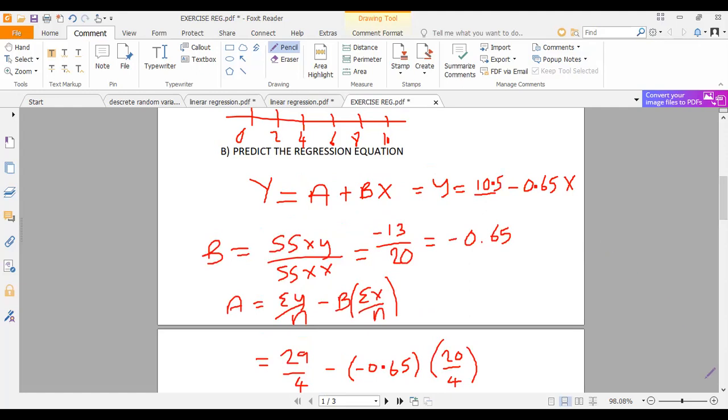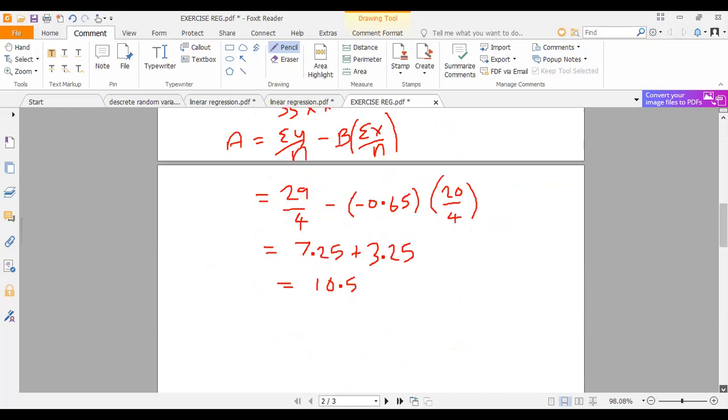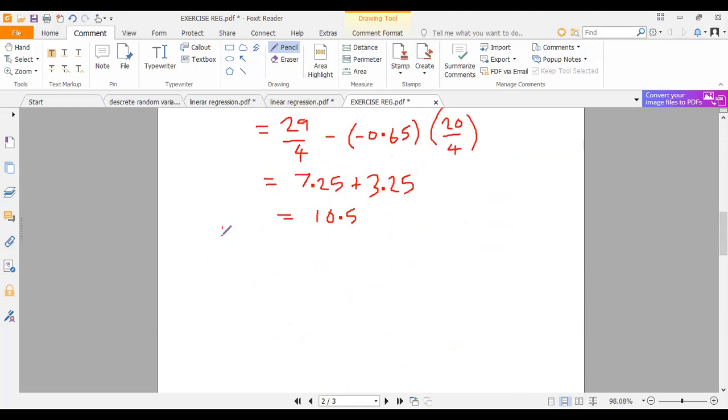So our regression equation will be y is equal to 10.5 minus 0.65x. Okay, then we are told if x is 10, what is y? So let's substitute.